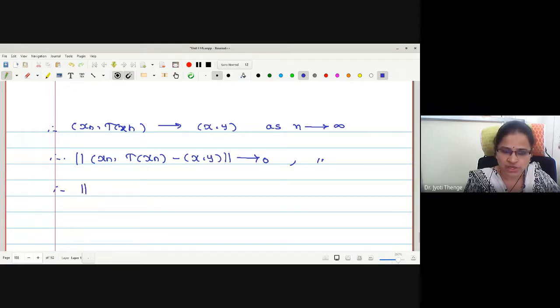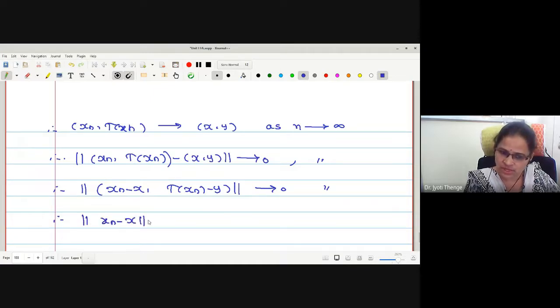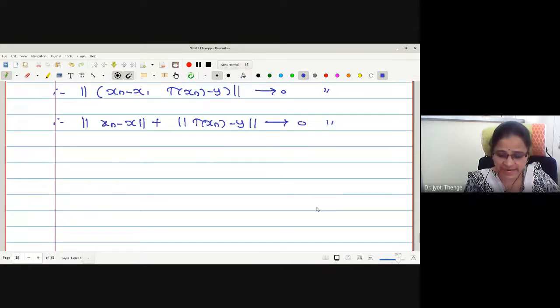How is the definition being used? First, we have to go for coordinate-wise operation. What does this coordinate-wise operation tell us? (xn minus x, Txn minus y) tends to 0 as n tends to infinity. What is the definition then? It is the norm of xn minus x added with the norm of Txn minus y tends to 0. Addition of the two norms tending to 0.